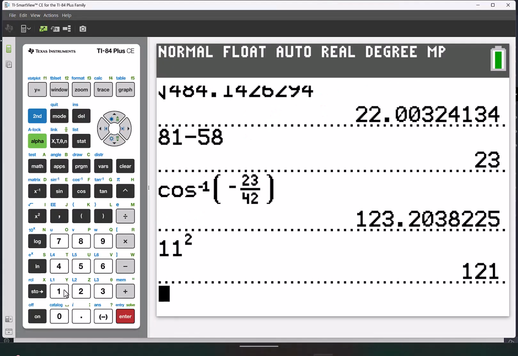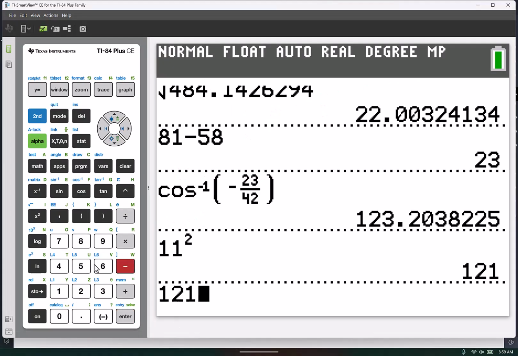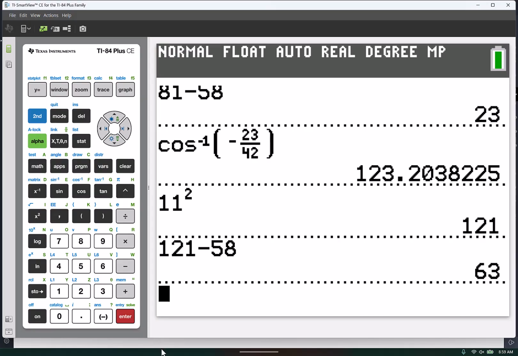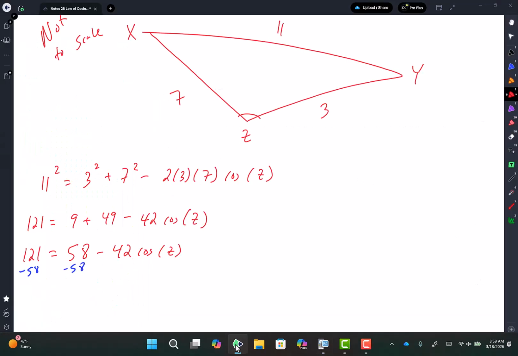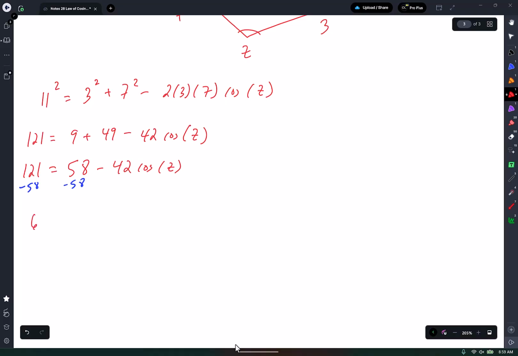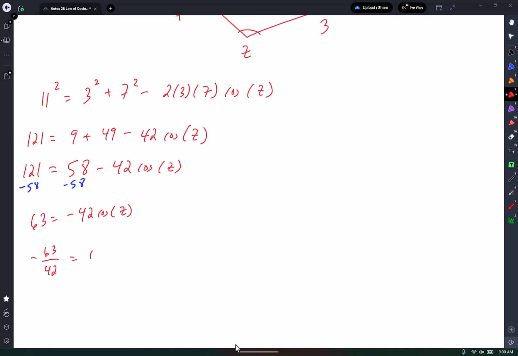You can go 121 minus 58, 63. 63 equals negative 42 cosine of angle Z. I'm going to divide both sides by negative 42. So I'm going to write negative 63 over 42 equals cosine of Z. And I'll wait.